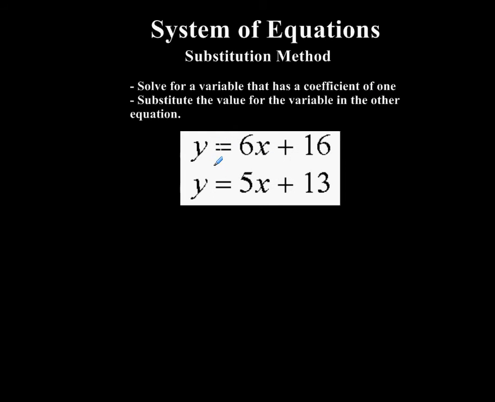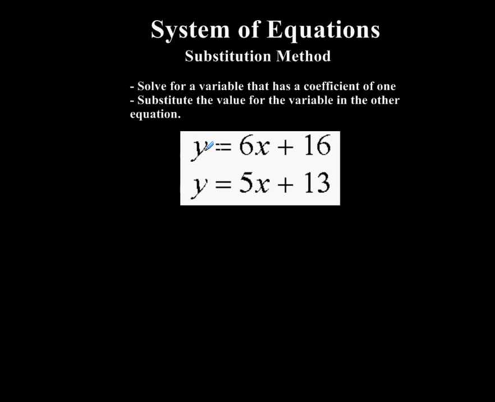Well, in these two equations, we already have that set up. Then it says to substitute the value of the variable in the other equation. What that means is this. If y is equal to 6x plus 16, and this y are equal to one another, or are the exact same number, then it is reasonable to assume that 6x plus 16 would equal 5x plus 13.